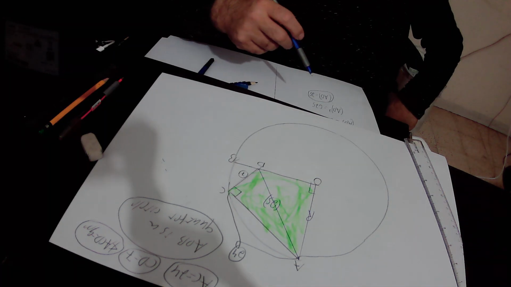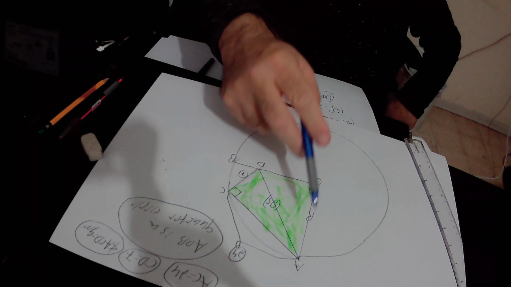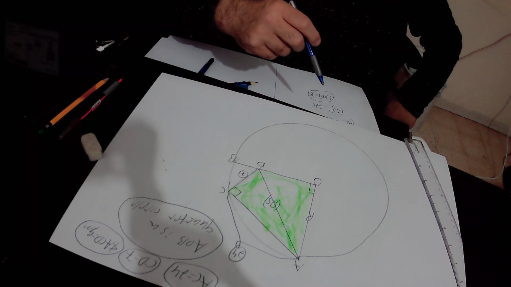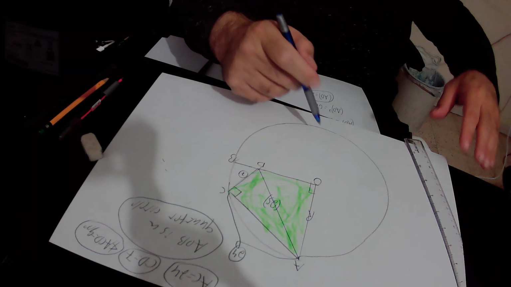We will extend the radius OA by a straight line until it touches the circle.